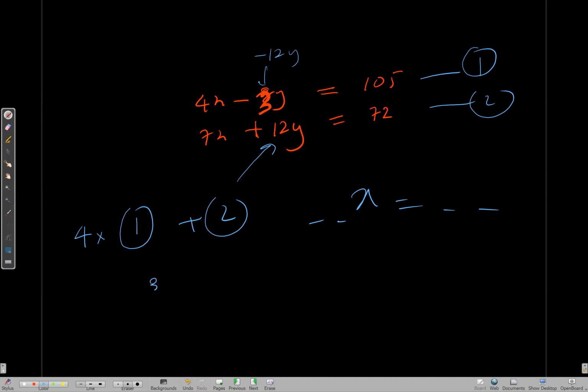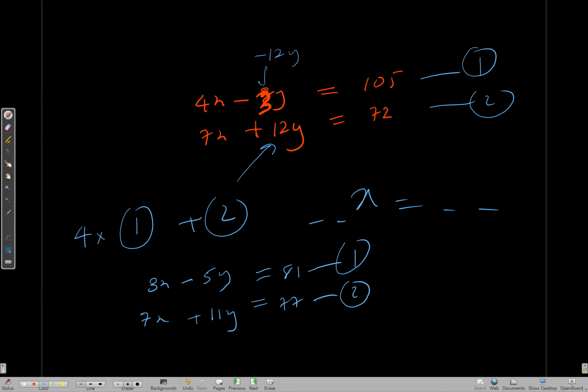How about these numbers? In this case, just pick some values. I don't see anything especially easy, but again, I would go with y. I would get rid of y because I see positive and negative.